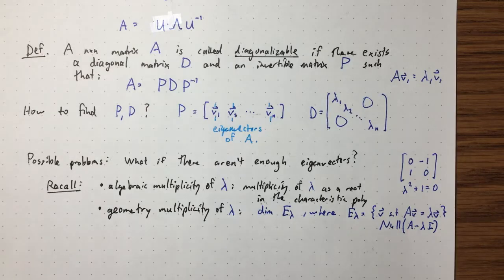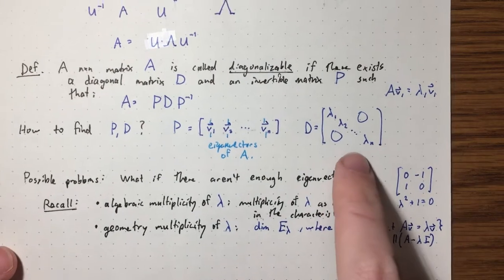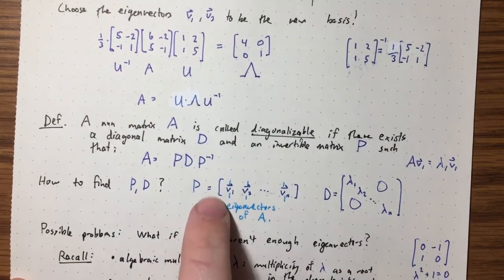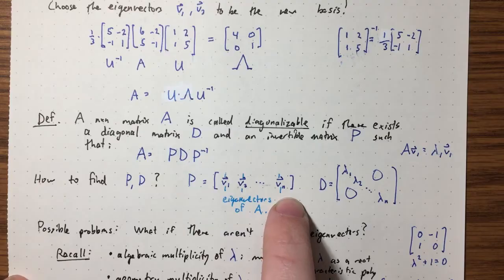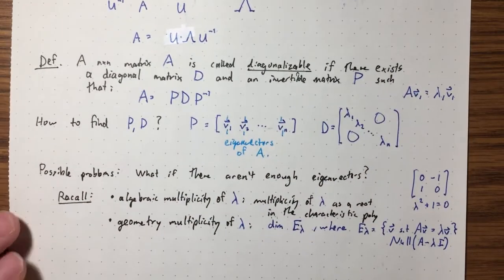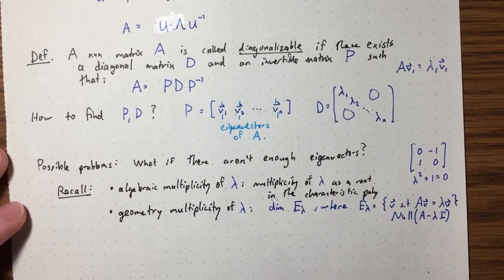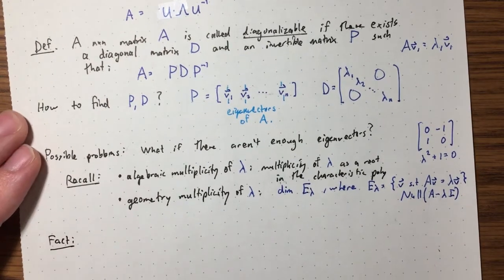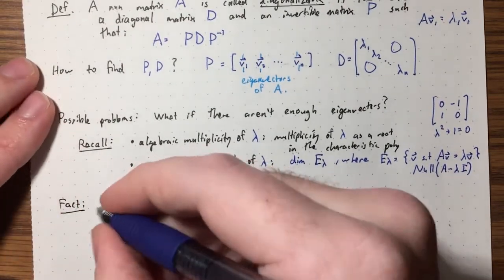But what could go right? If we have n eigenvectors and they form a basis, then we can just do this construction immediately. This is the first important fact about diagonalization. This is how we can tell a matrix is diagonalizable.